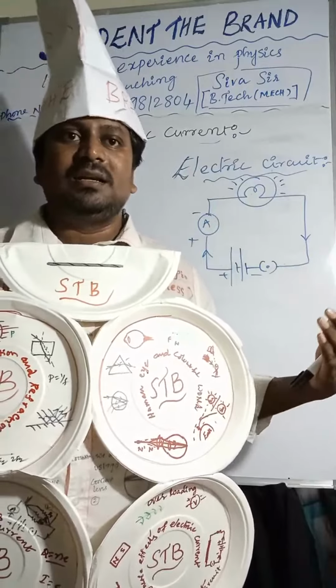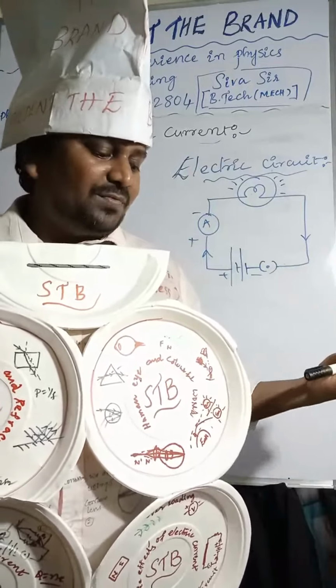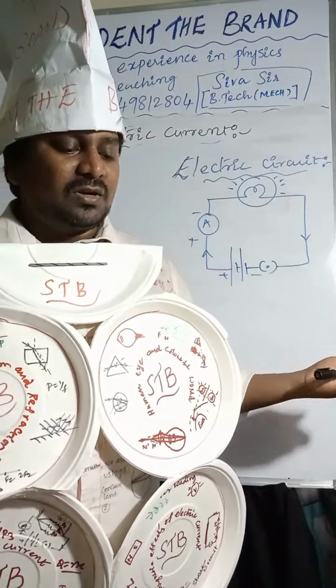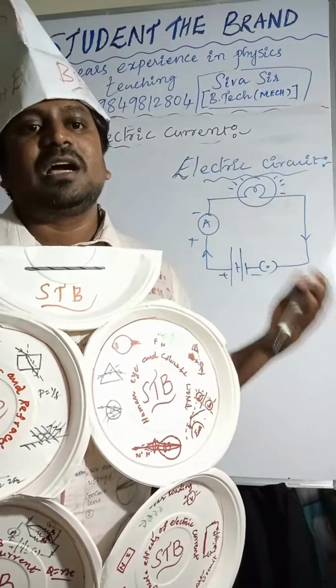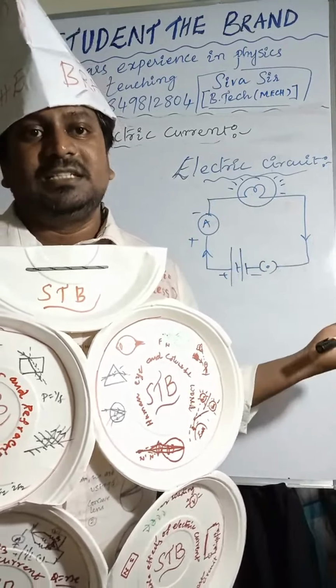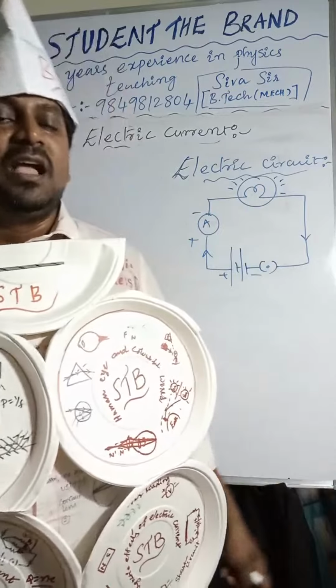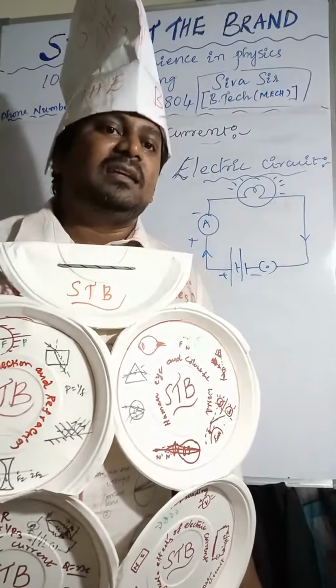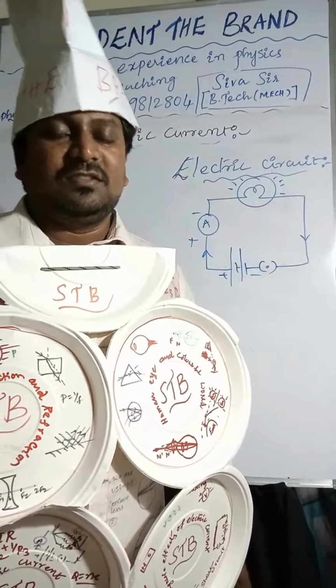That's why we use conventional current. Conventional current is nothing but the direction of flow of positive charges. Electric current is actually the flow of electrons.